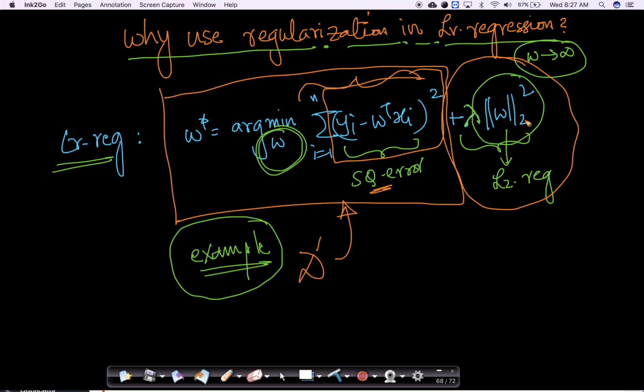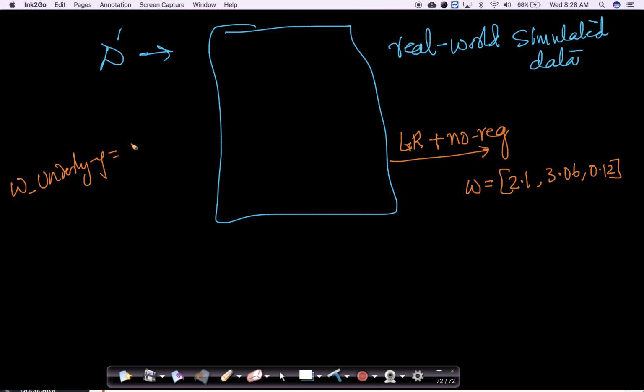Remember, what are our underlying weights, W underlying, using which we generated the data? The underlying weights are 2, 3, 0. When we did not use any regularization, we get values which are slightly away from this. And why did we get these values away from this?